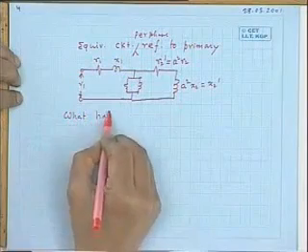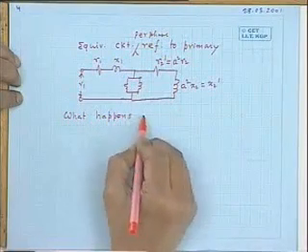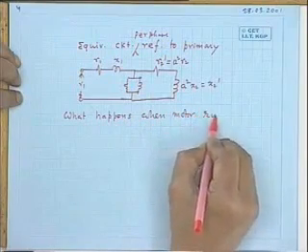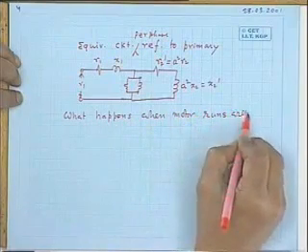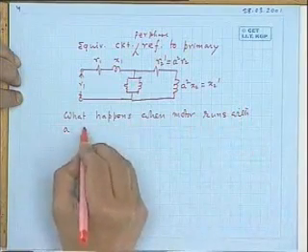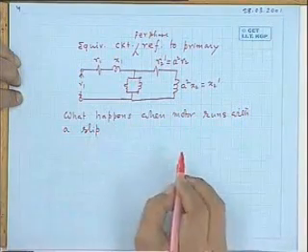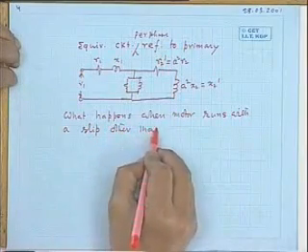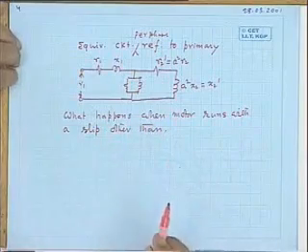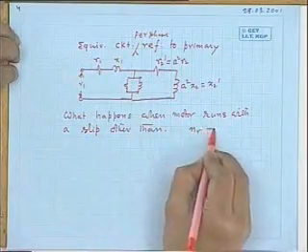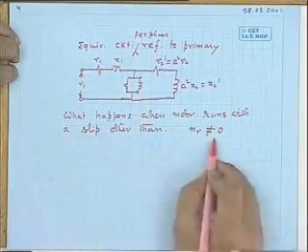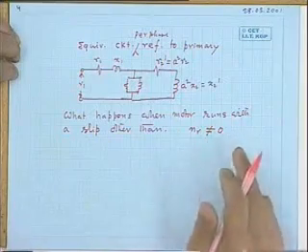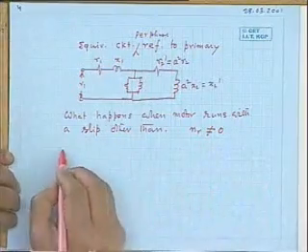Now what happens when the motor runs with a slip other than 1? S equal to 1 is your standstill condition. That is, there is some NR not equal to 0. What I mean by this statement is simply this: there is some NR not equal to 0.